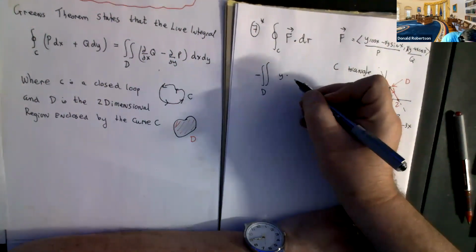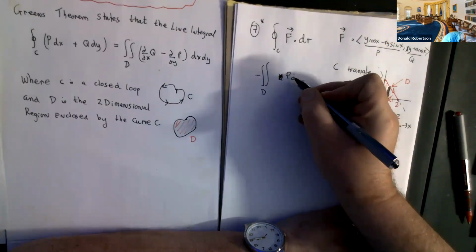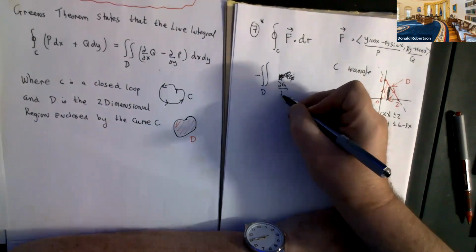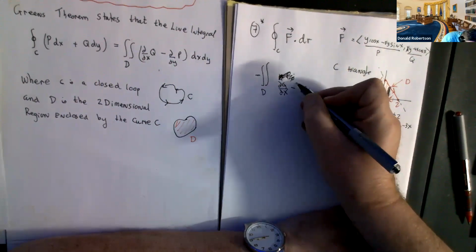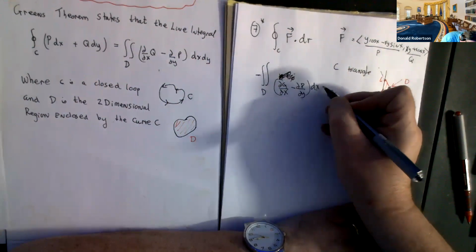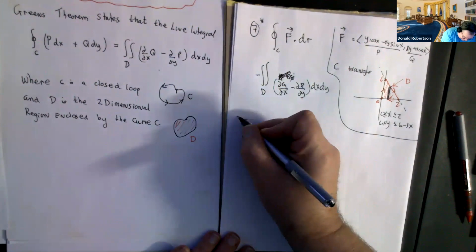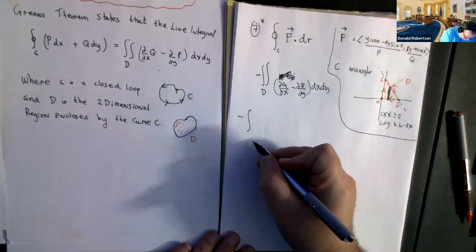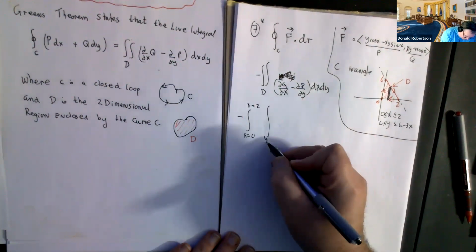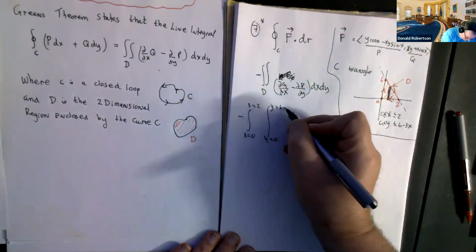And then we are going to do, I don't know where that came from, P, and now I know where it came from, dQ by dx, take away dP by dy, and then we'll do a dx dy. Let's separate all that stuff out. So our integral is going to be from x equals 0 to 2, y is going to go from 0 to this straight line, which is 6 take away 3x.